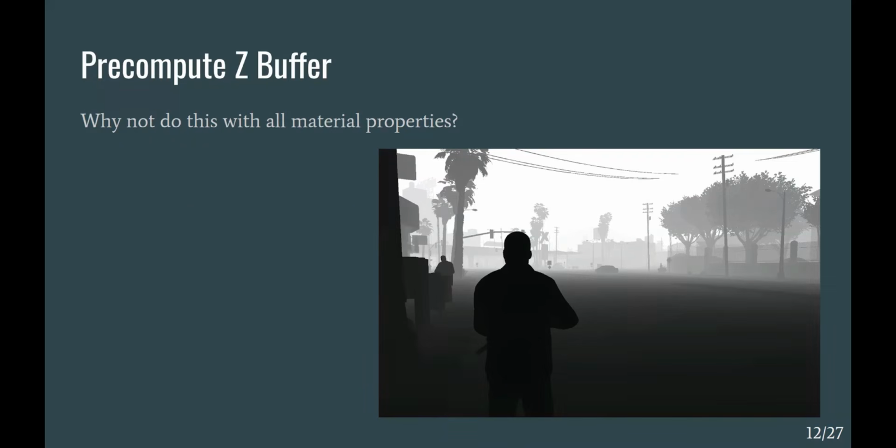In many games, the Z buffer is pre-computed before the main rendering pass, and this is done so to optimize the main rendering pass. Why don't we do this sort of pre-computation with all the material properties as well as the depth of the fragment? And this leads us to deferred rendering.